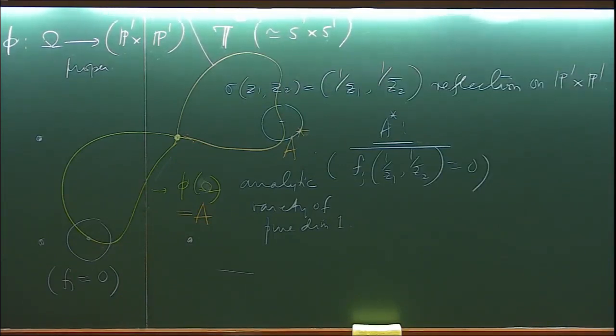If A is transverse to T2, A star is also transverse to T2. So they just meet up. That's the proof. Okay? So that's the moral of the thing. So the closure of A union A star is an analytic set.